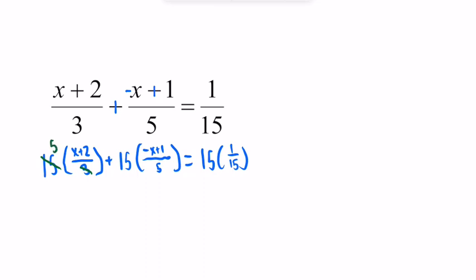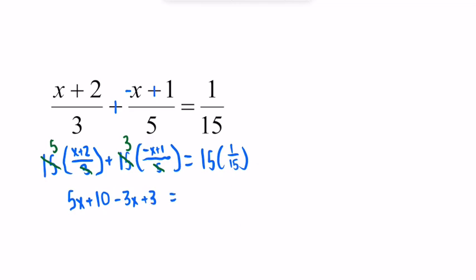Now we're left with 5 times x plus 2, and when we distribute, that gives us 5x plus 10. In the next section, 15 divided by the 5 on the bottom of the fraction gives us 3. 3 times negative x is minus 3x, and 3 times 1 is plus 3.